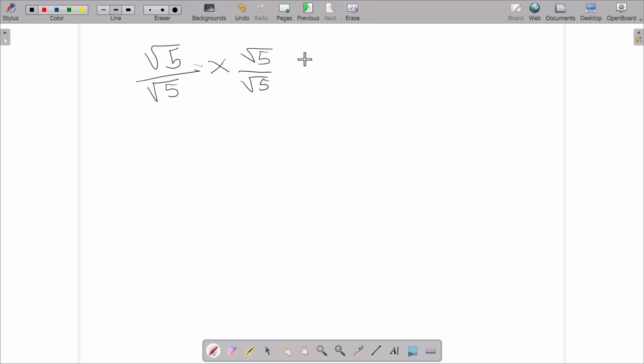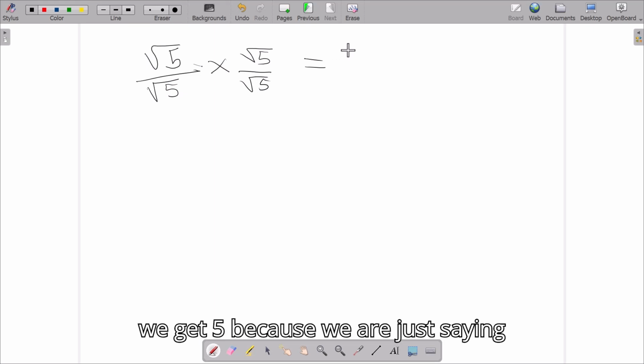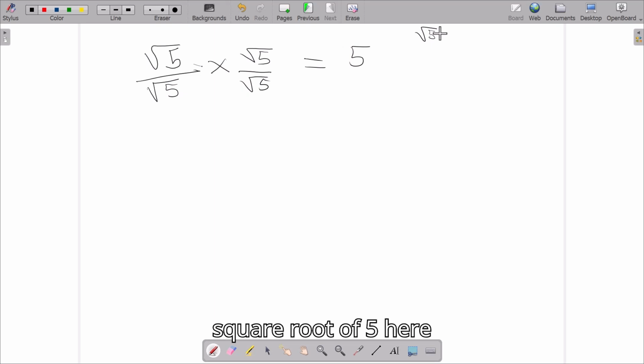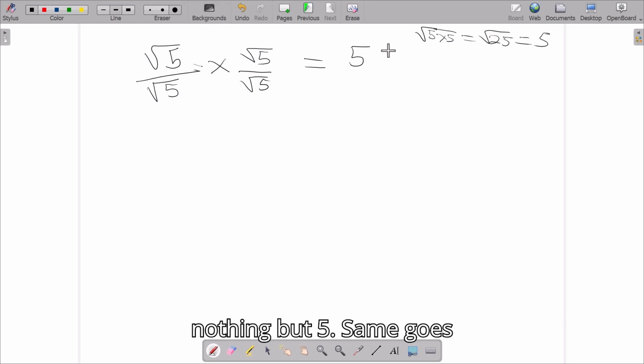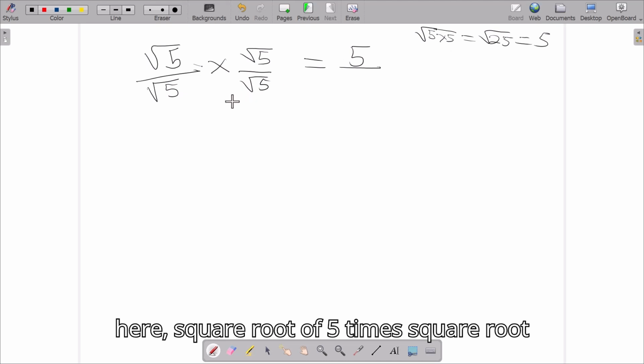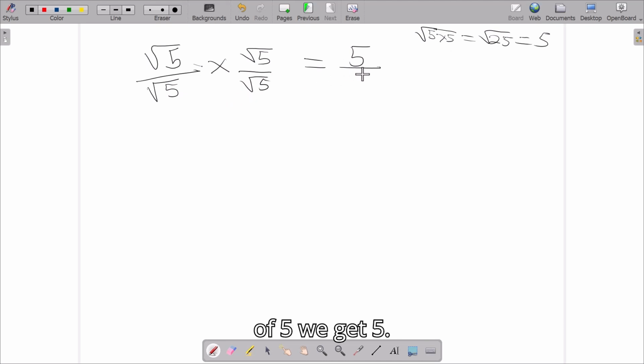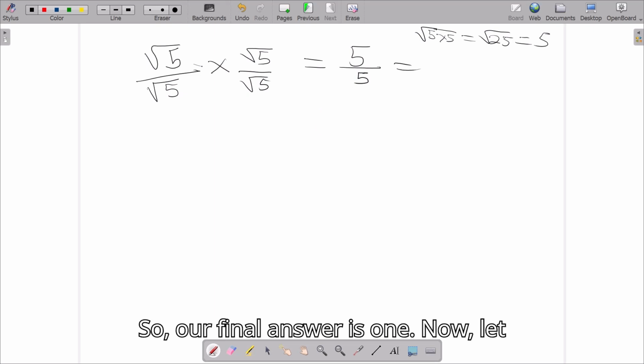Square root of 5 times square root of 5, we get 5, and the same goes here, square root of 5 times square root of 5, we get 5. So our final answer is 1.